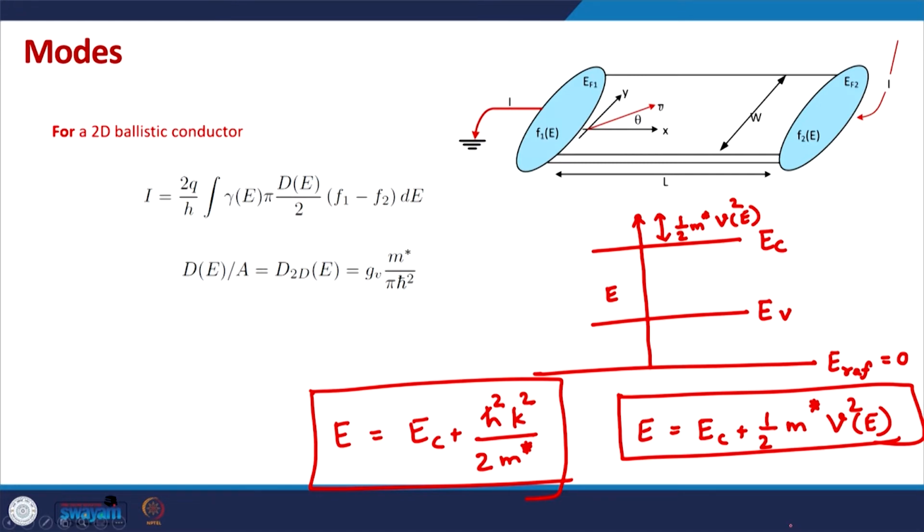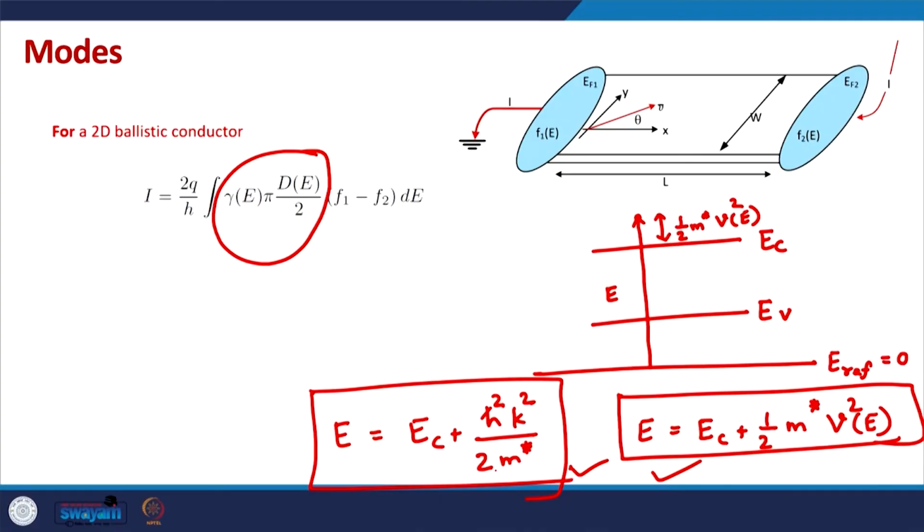So, now we are in a position to explicitly calculate the number of modes in a device. So, please keep these two expressions in mind. Generally near the bottom of the conduction band, the bands are parabolic and this relationship holds, and the amount of energy that is in excess of the bottom of the conduction band is the kinetic energy of the electron, and that is given by this relationship.